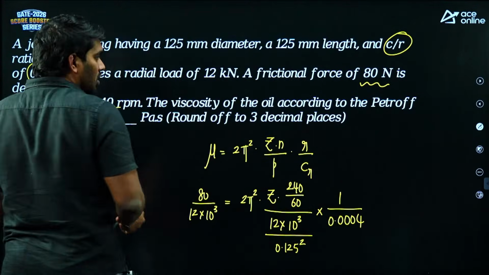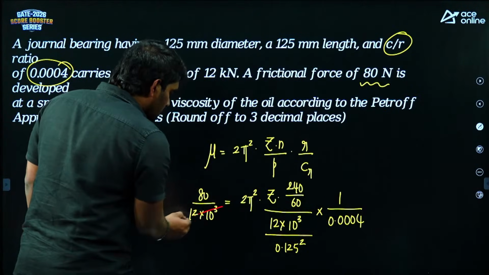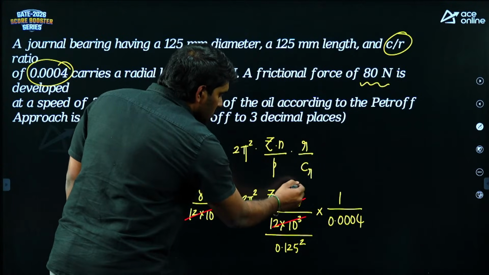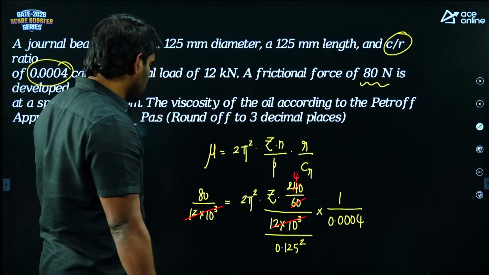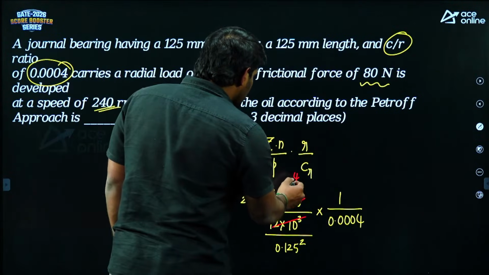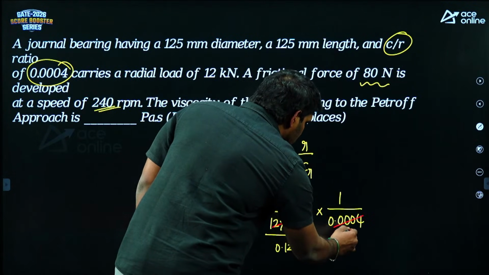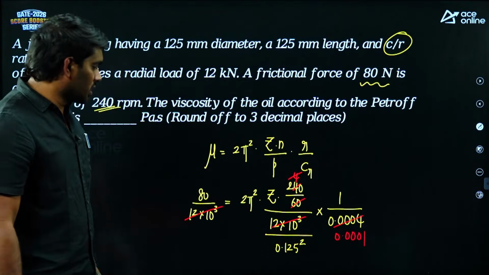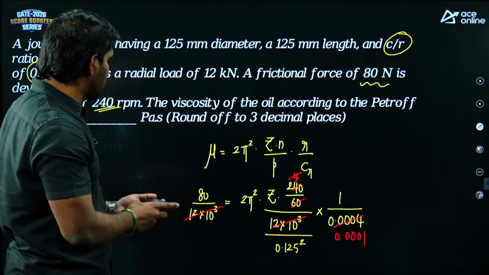If you notice on both the sides, 12 into 10 power 3, 12 into 10 power 3 cancels. So 6 fours are 24. Okay, here we can notice this is 4 ones are for 0.0001 times. Okay, what is 0.0001? Let's do this calculation and find the value of Z.